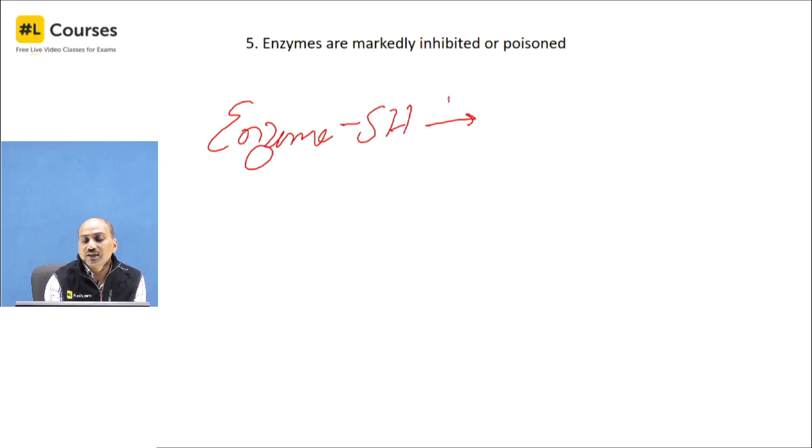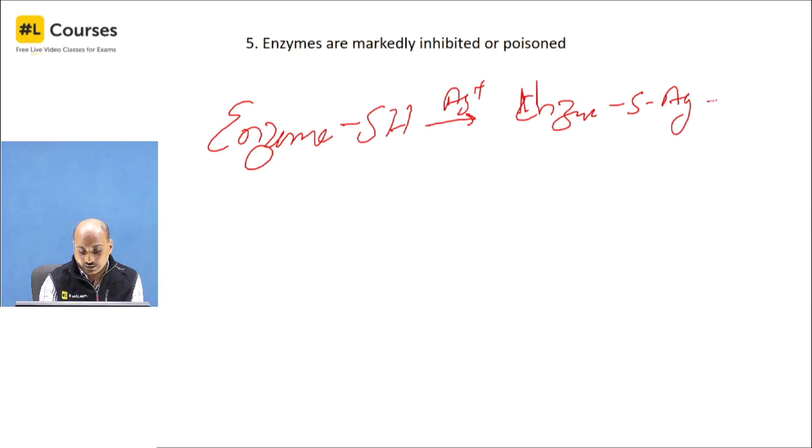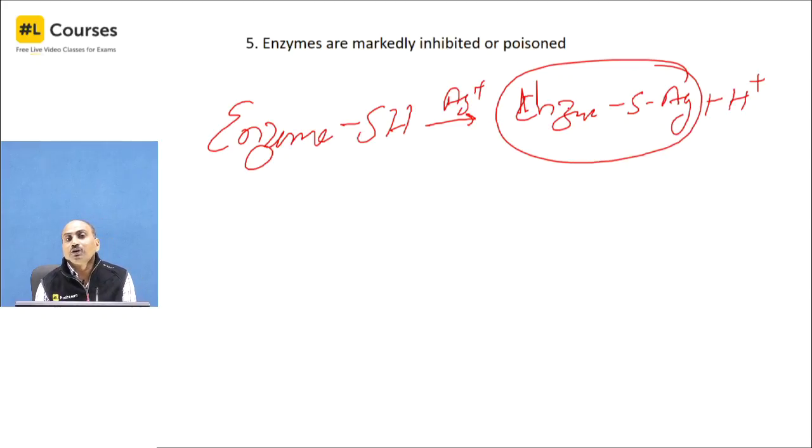When it comes in contact with Ag+, there is a formation of enzyme sulfide plus Ag, whereas the H+ is given out. Now this complex formed here is an irreversible complex, so thereby it poisons the activity.